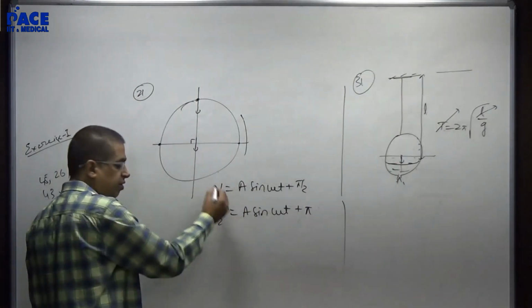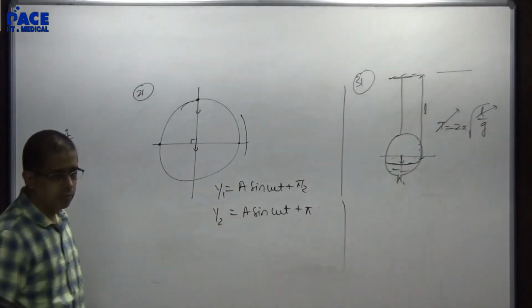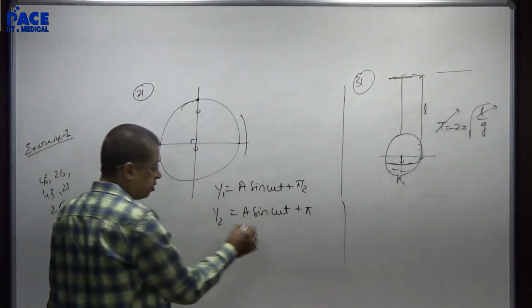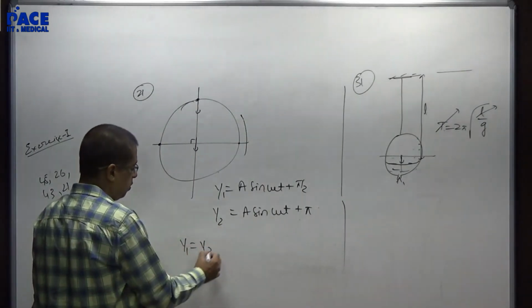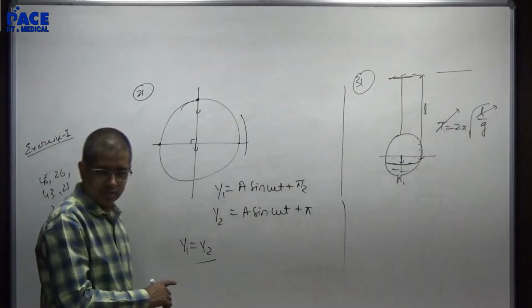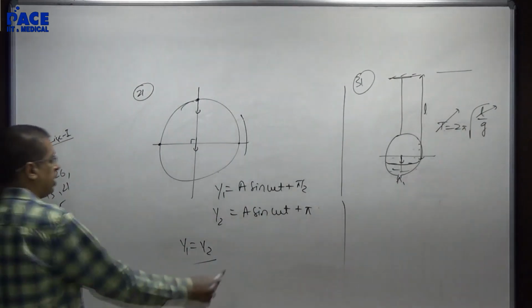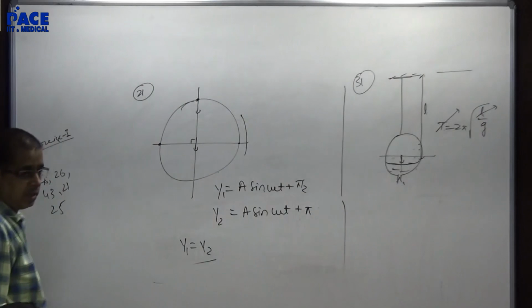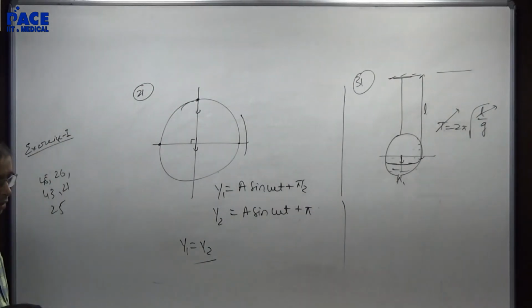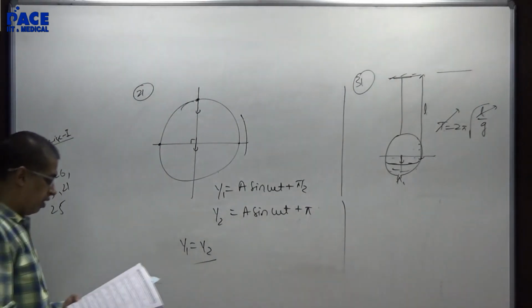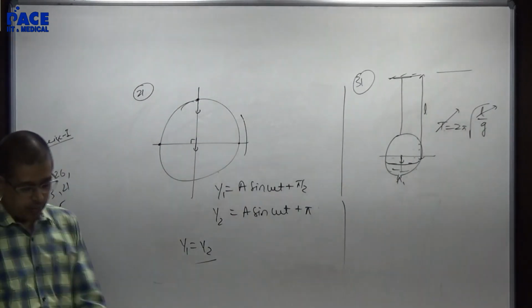Now what is the time after which y1 is equal to y2? Is that all? Did you get the answer from that? Simple straight hit, right? The phase difference between the two is pi by 2. Remember that much. Time after which y1 is equal to y2. Equate y1 equal to y2, you get the answer.